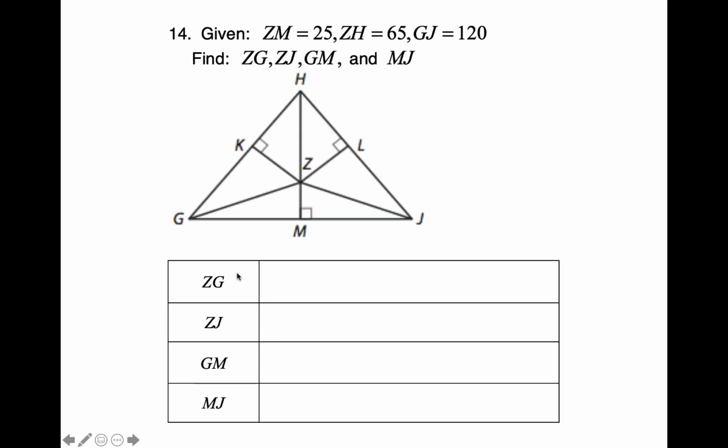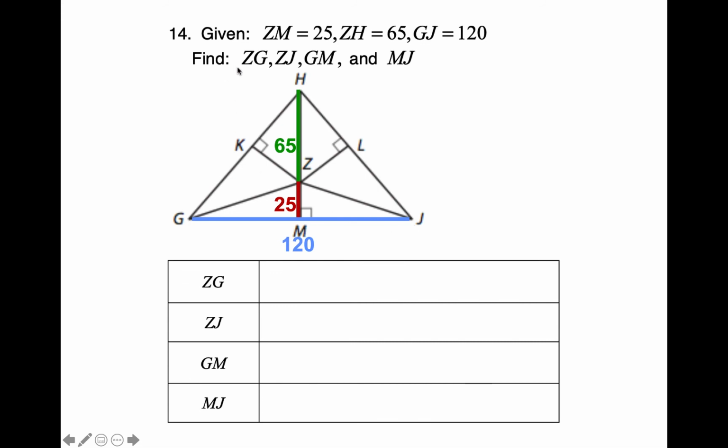All right, for this example, we are given that from Z to M is 25. From Z to H, it's 65. And from G all the way to J, it's 120. So that whole thing is 120.